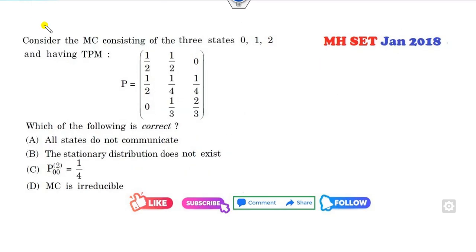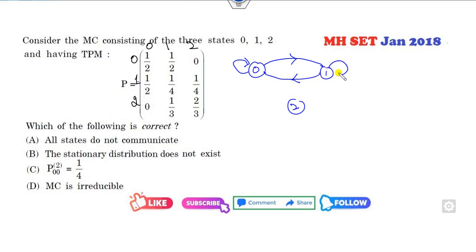Okay, look at this another one. Again the states are 0, 1, 2. Draw the diagram. It's 0, it's 1, it's 2. 0 to 0, 0 to 1, 1 to 0, 1 to 1, 1 to 2, 2 to 1 and 2 to 2.